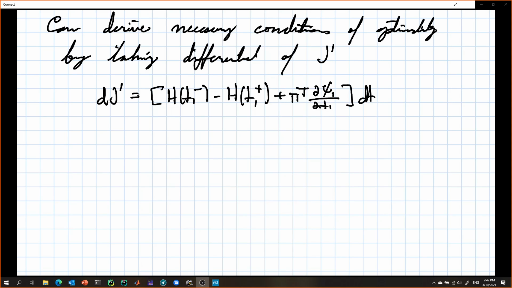That looks like an H, but this is time. So we have the Hamiltonian on the left side minus the Hamiltonian on the right side, plus this partial term. If time is fixed, so if you know at what time the interior point is applied, then this doesn't matter because the variation in T1 is 0.